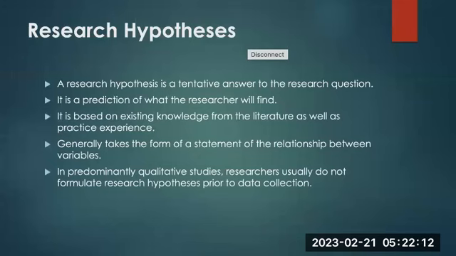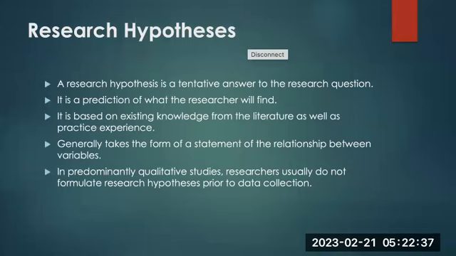So what is a research hypothesis? A research hypothesis is a tentative answer to a research question. It is a prediction that the researcher has. But it is important to note that these hypotheses are based on previous literature. What does previous literature tell us?